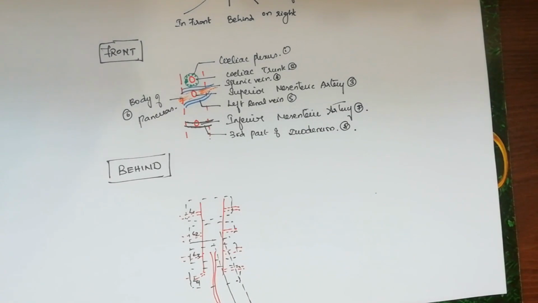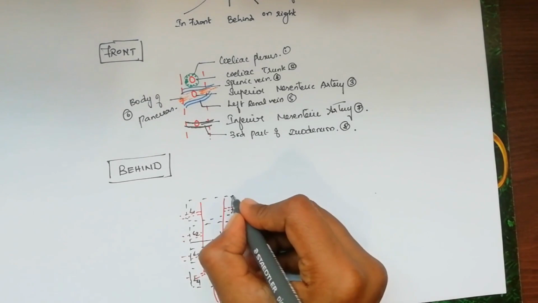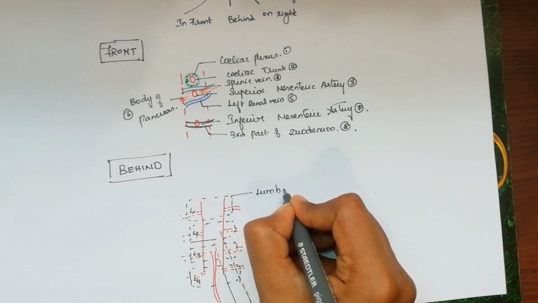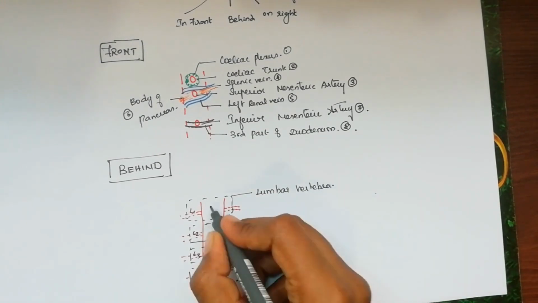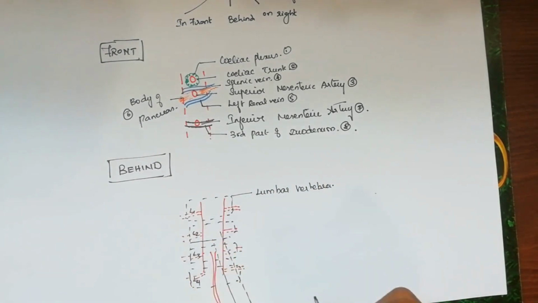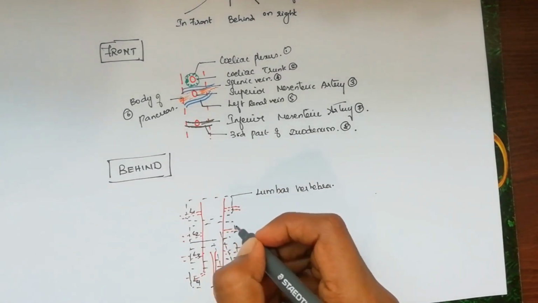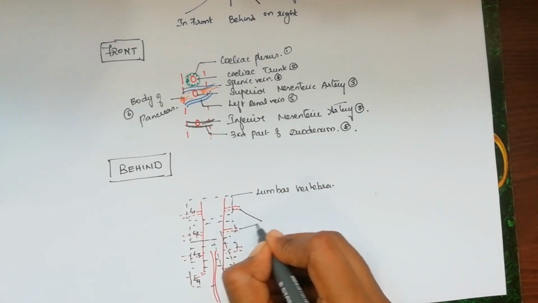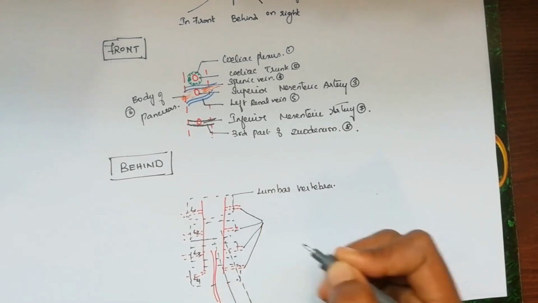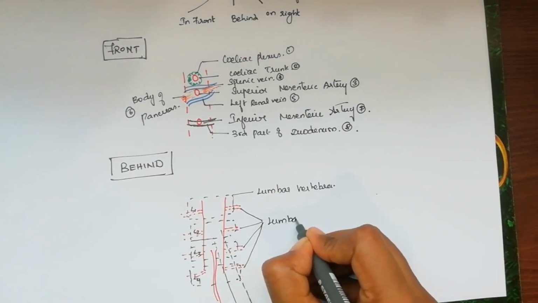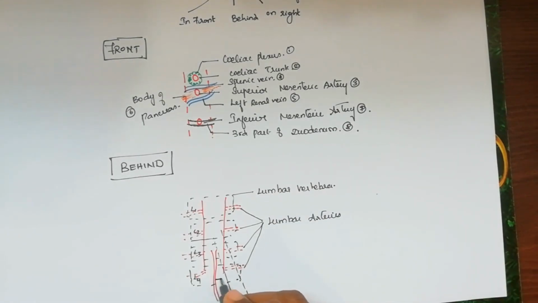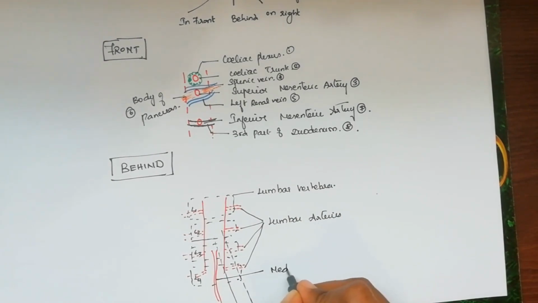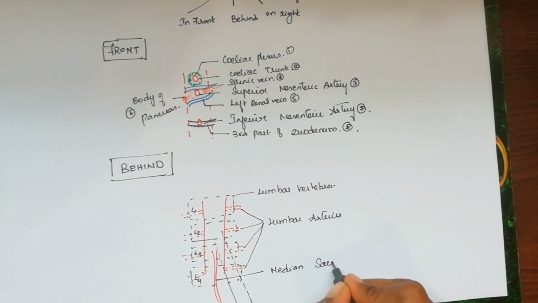I will repeat the structures present behind the abdominal aorta. First relation is the lumbar vertebrae, that is L1, L2, L3 and L4. Then we have four pairs of lumbar arteries arising, and one midline artery, the median sacral artery.